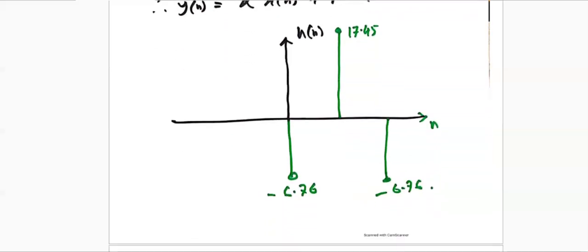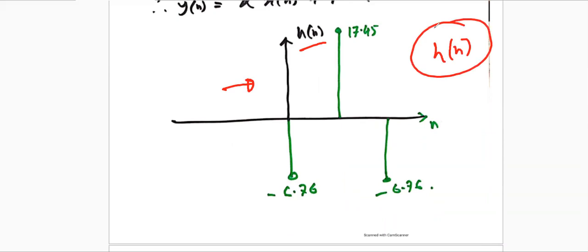But the main concept is you have designed your filter, and whenever we are talking about designing a filter, what you need to do is find the value of h[n]. That is the filter design, where there would be some target.